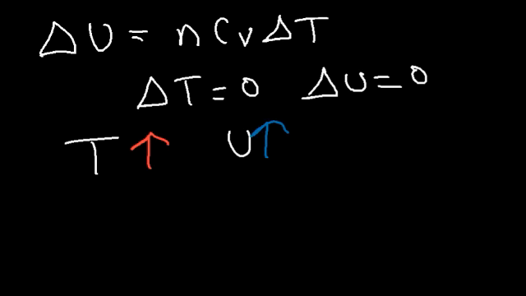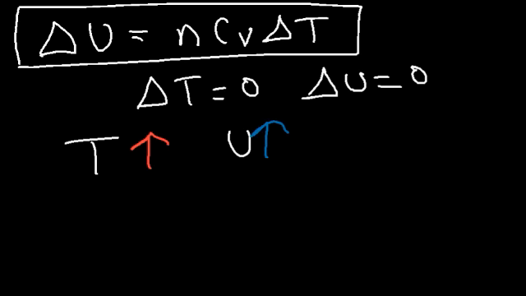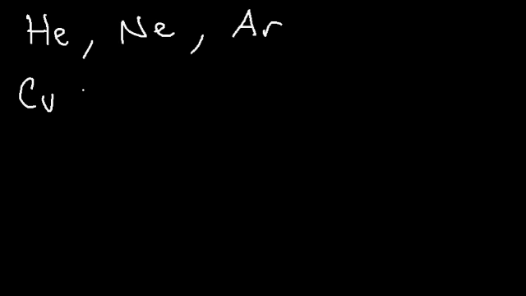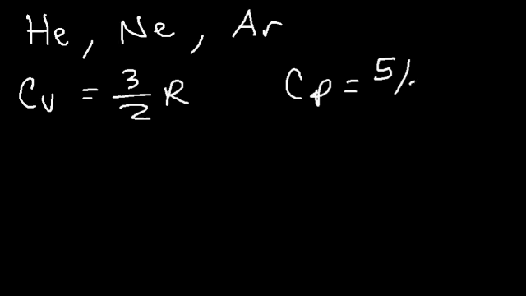So this is the next equation that you need. Now keep in mind, for monoatomic gases like helium, neon, argon, Cv is approximately equal to 3 over 2 times R, and Cp is 5 over 2 times R. Now R has two values.